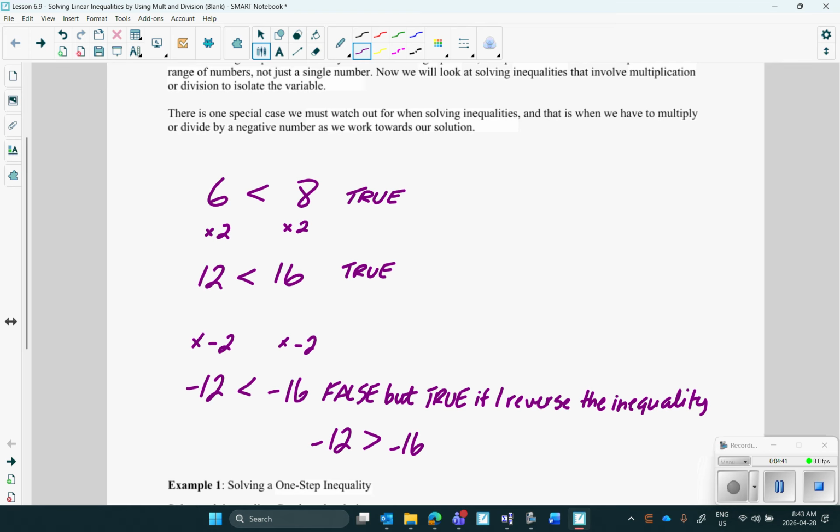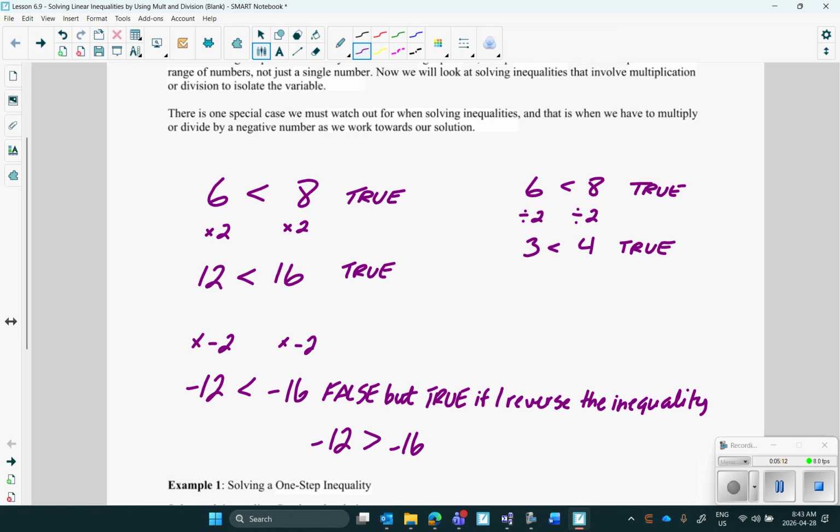So that's one thing you have to be careful of. Whenever you solve an inequality and you multiply by a negative number, you have to reverse the inequality. Same thing with dividing by a negative number. Again, if I gave you this, 6 less than 8, we know that this is true. If I divide both sides by 2, I get 3 less than 4, which is also true.